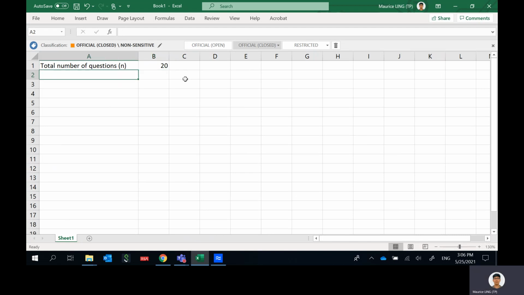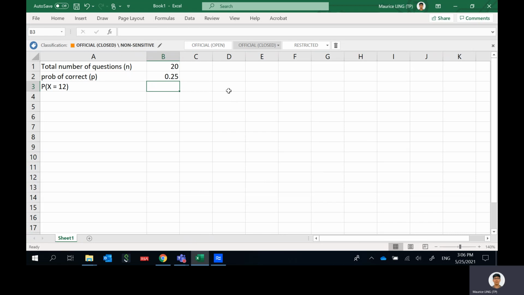The probability of success, the probability of correct answer, which is the P, in our case is 0.25. Now what you want to find out is, what is the probability of getting 12 marks?